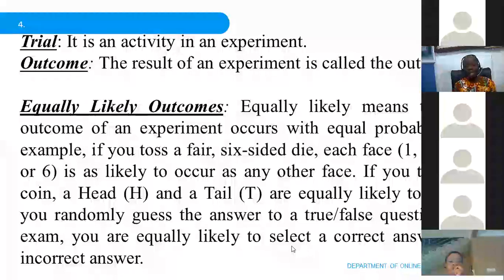Some will end up with correct scores and some will end up with wrong scores. If you give them all equal chance to happen, then that is an equally likely outcome.